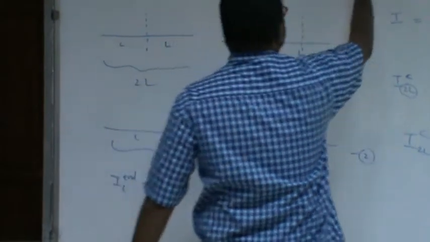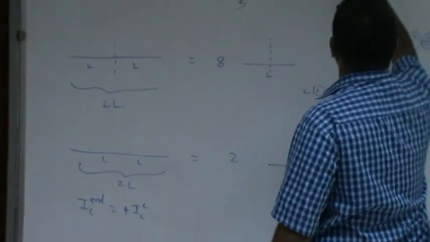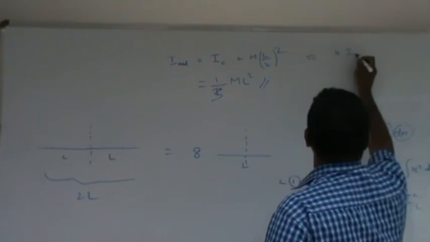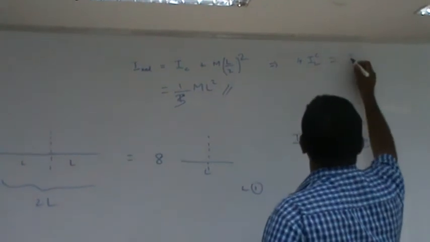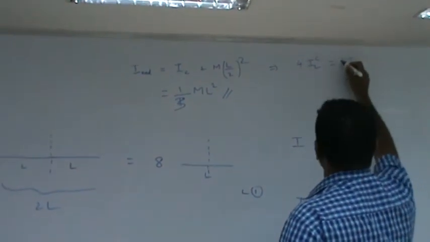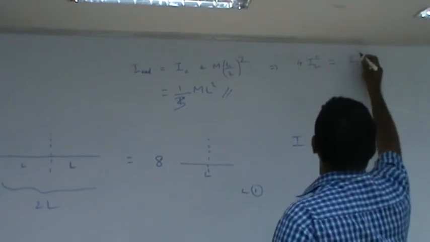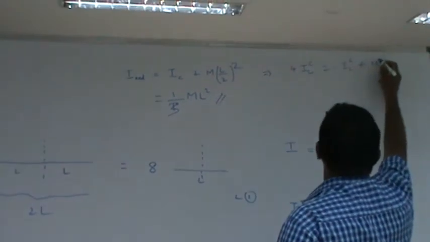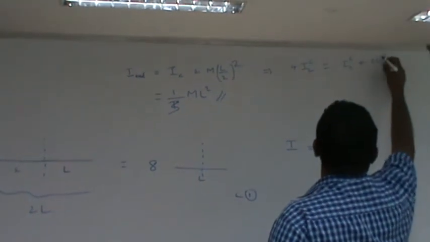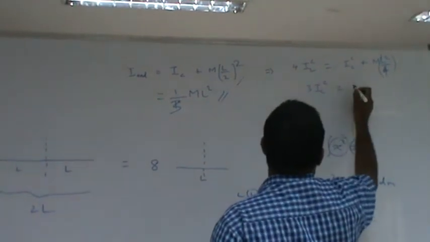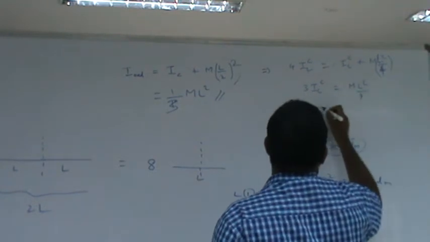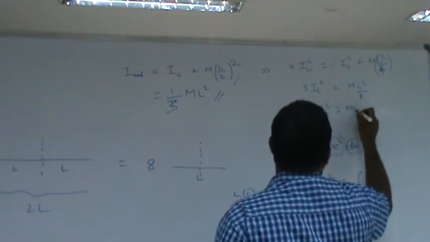Now one can use the parallel axis theorem. So what is I_end? I_end is 4 I_LC, equal to I_LC plus m L square by 4. So this is 3 I_LC equal to m L square by 4. So I_LC is equal to m L square by 12.